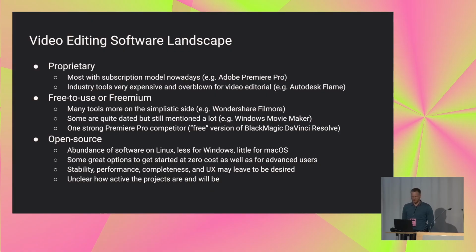So just one person working on it, and I think that's also the case for Olive. It's essentially the creation of one person. And then the other question is, can you use it for an actual, say, short film? Then you also need some level of performance, which I think a lot of the open source options still struggle with.